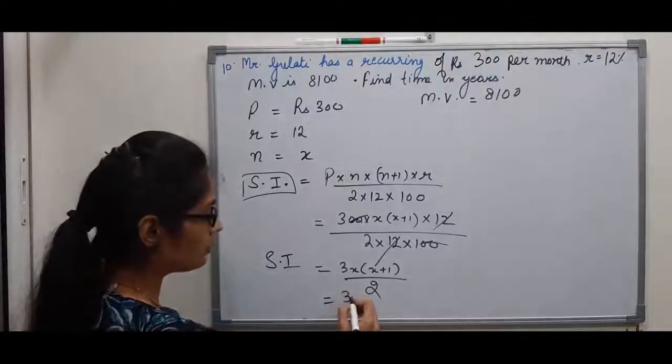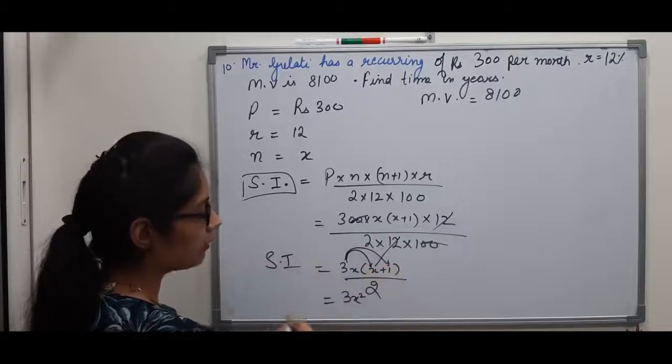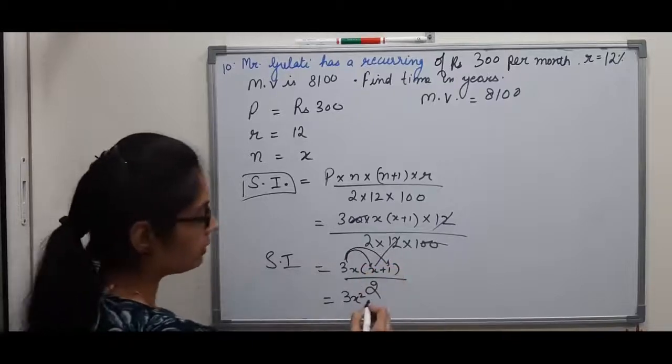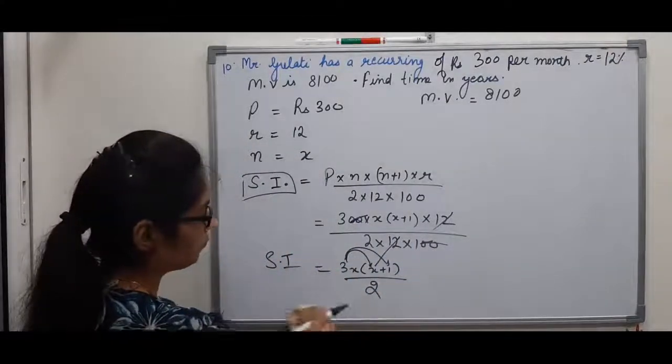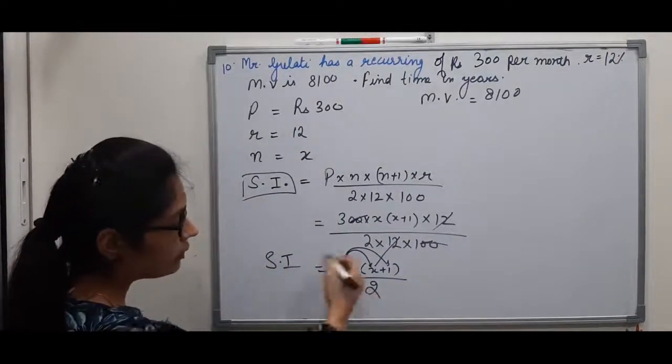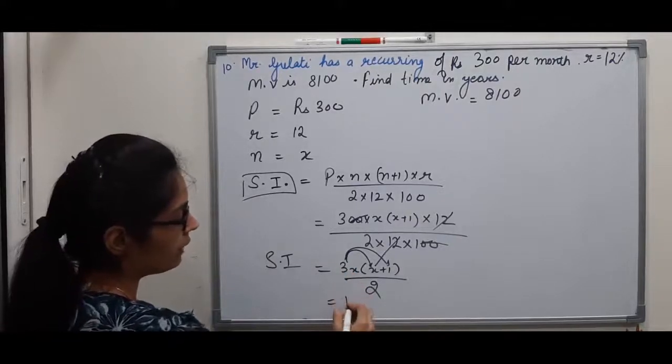Only practice is required. So it will be 3x square. This 3x will multiply with this x also, and it will get multiplied with 1 also, so I will get 3x square. Or what I will do, I will just divide 3 by 2 first. Once we divide 3 by 2, I will get 1.5.